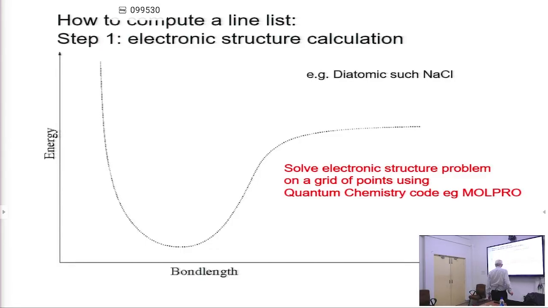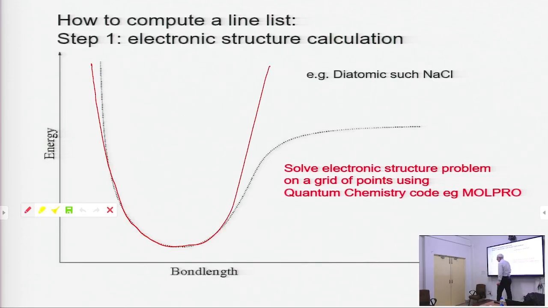Just to remind you why the harmonic oscillator approximation really is an approximation. If you did this with a harmonic potential, it would look something like that.